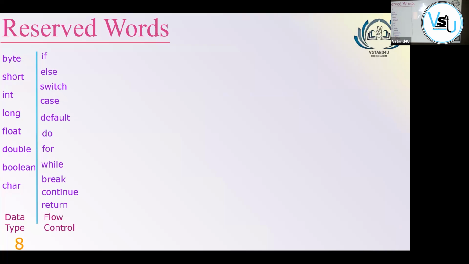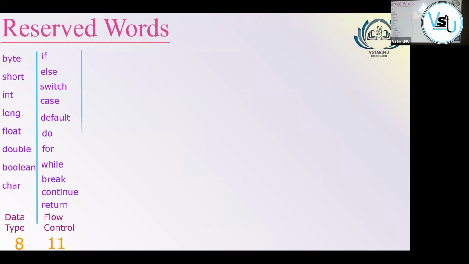In a Boolean variable, can I put a number or not? These combinations we will see in the first column. Once we understand everything about data types and values, then we'll move to the next. This is how I am listing out the syllabus one by one. These are reserved words and this is nothing but your syllabus. First column we will complete, then we go to the next column. How many are there in total? 11.